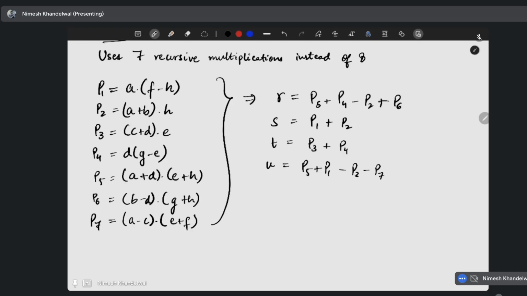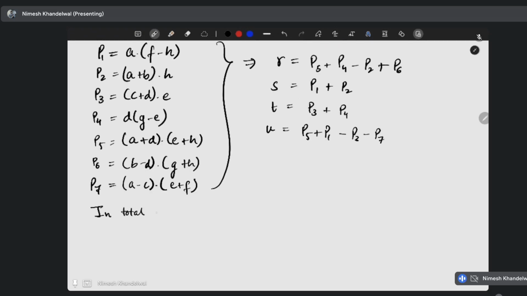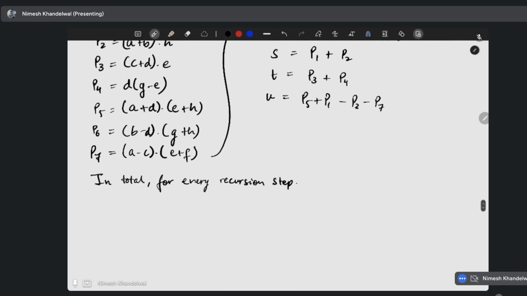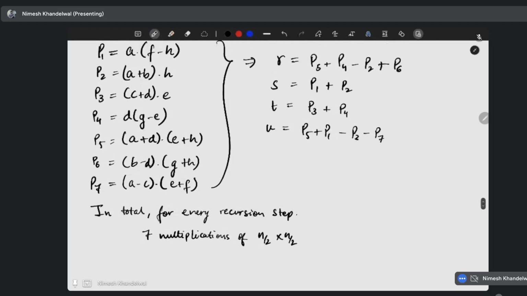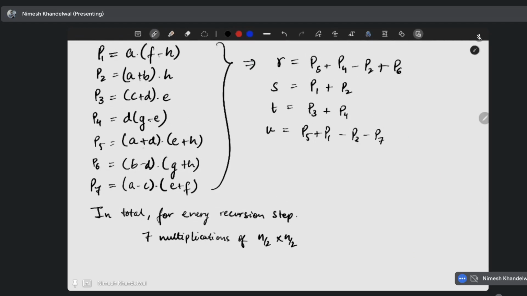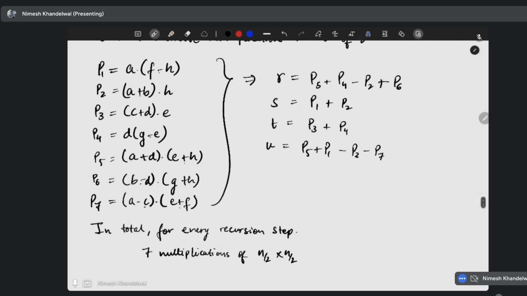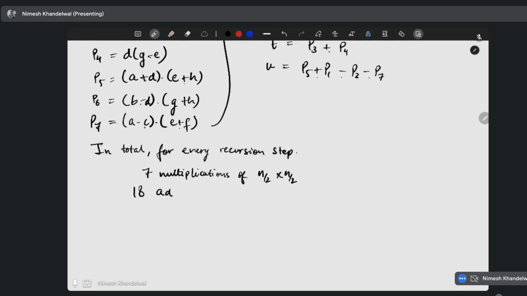So if we have to see, in total for every recursion step, right, there are 7 multiplications of matrices of size n by 2, and then there are 18 additions and subtractions of the matrices of the same size, right?